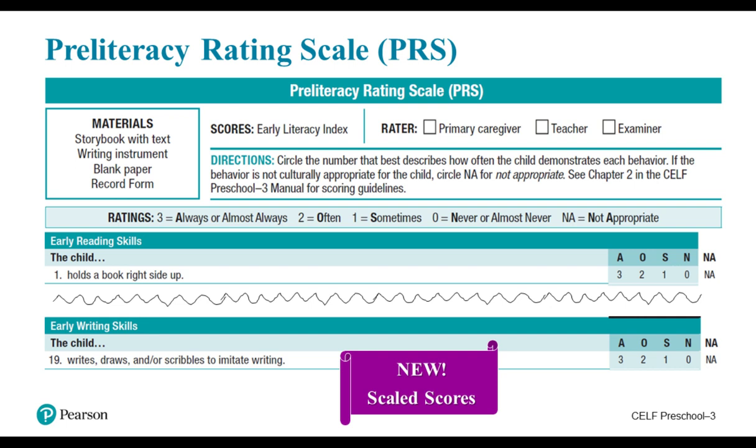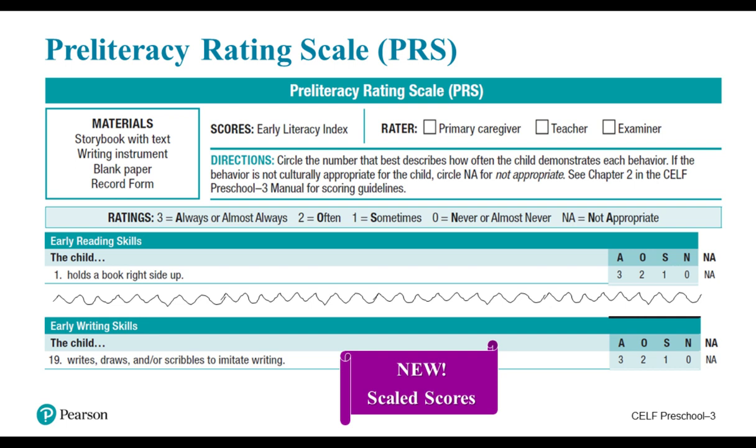Test items for the Preliteracy Rating Scale are grouped by early reading skills, such as holding a book right side up or turning the pages, and early writing skills, such as drawing or scribbling or writing his or her name. This score contributes to the Emerging Literacy Index along with the Phonological Awareness subtest.